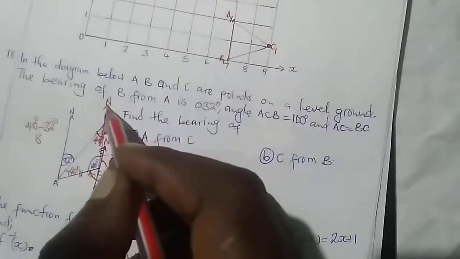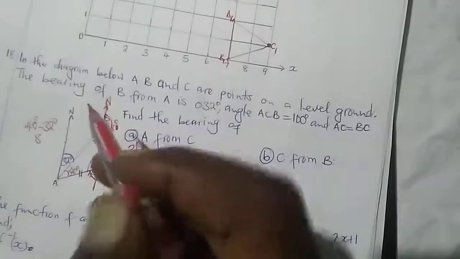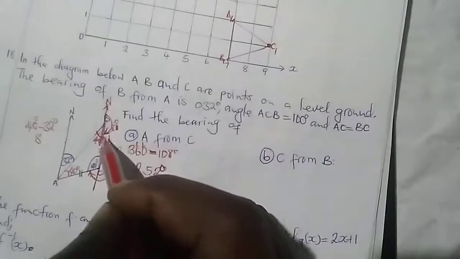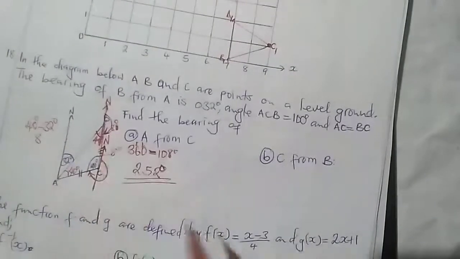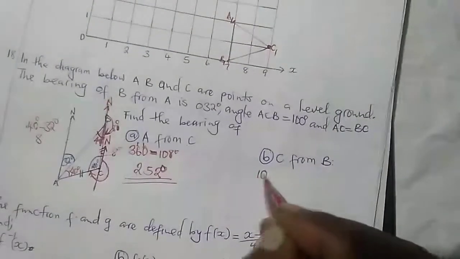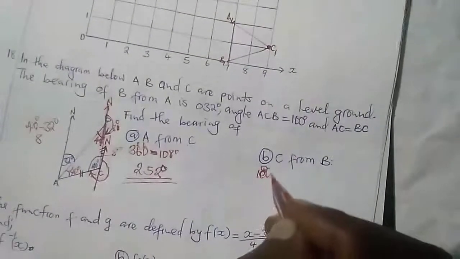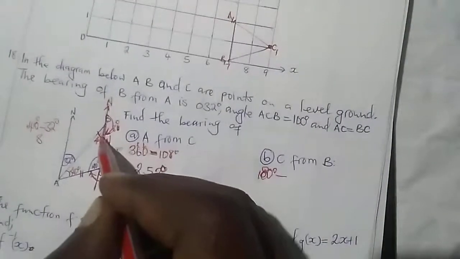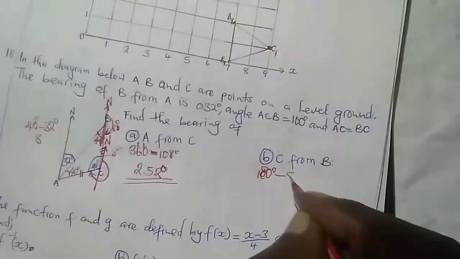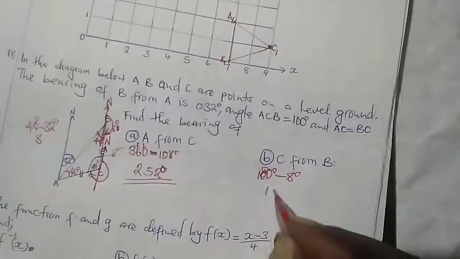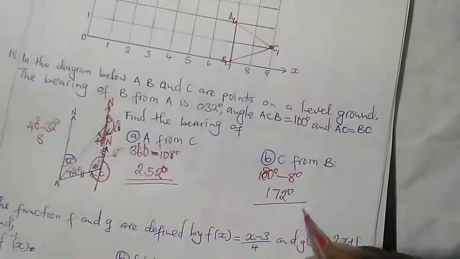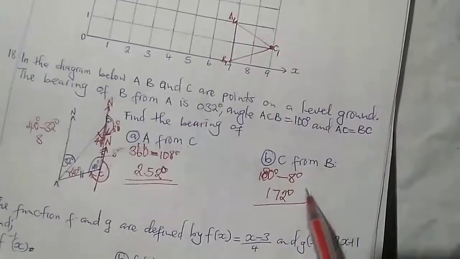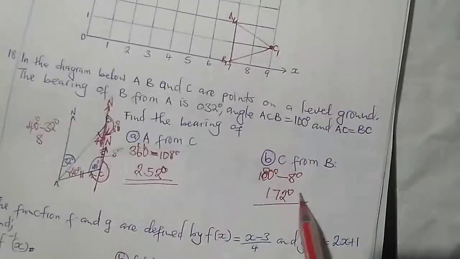We are going to subtract, because the north line makes 180 degrees, and between the red line and blue line there is 8 degrees. So we say 180 degrees minus 8 degrees, which will give us 172 degrees. So 172 degrees is the bearing of C from B.